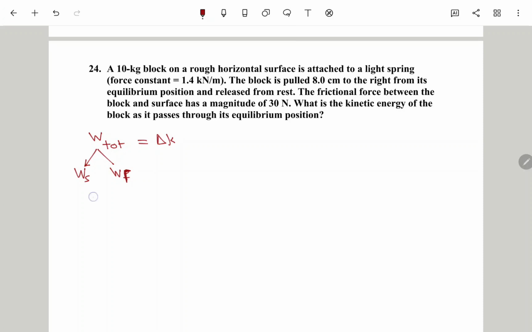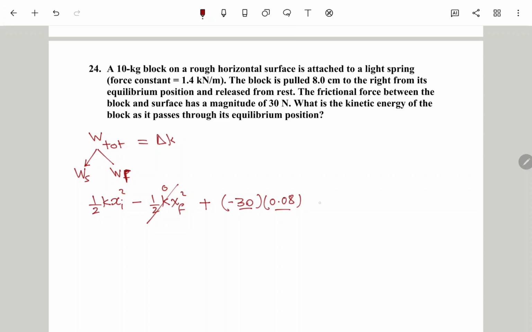Now this one half K x initial square minus half K x final square, and this one here 0 because it passes through the equilibrium position, plus work done by the force, it's minus 30 times 0.08, and again the minus sign because the angle between the frictional force, this one here, and the displacement is 180, cosine 180, it's equal to minus 1.